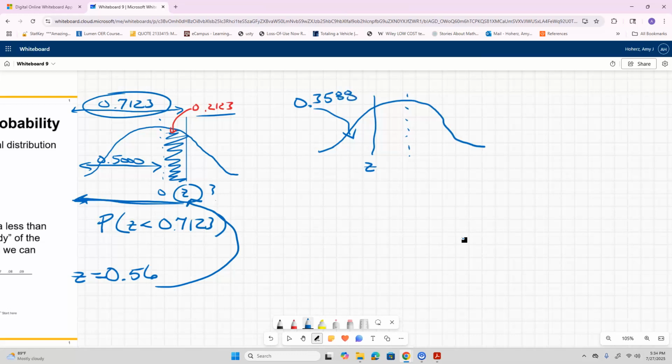I'm just grabbing something. I don't know how great this is going to be on the chart. But we want to know what z value would give us a percentage of 0.3588.